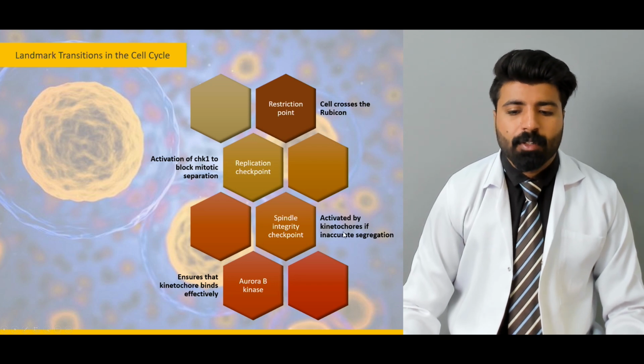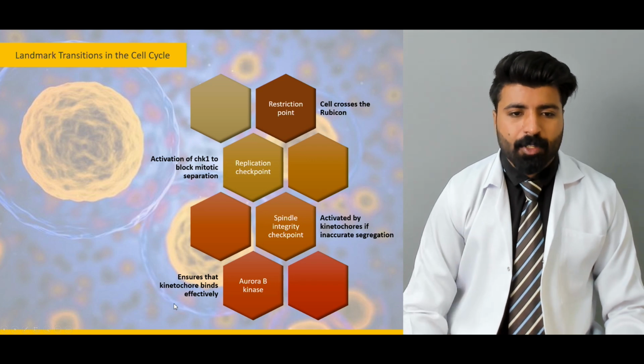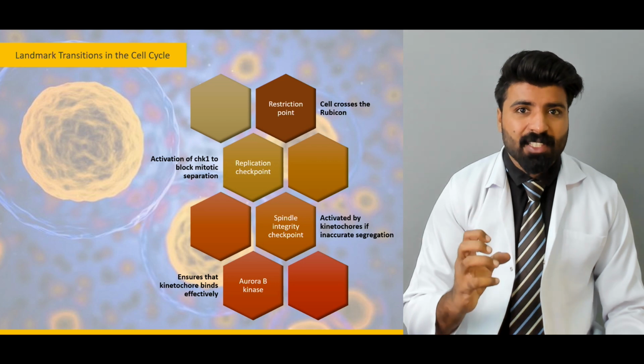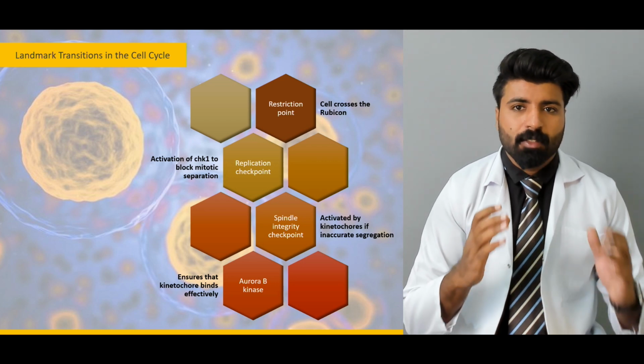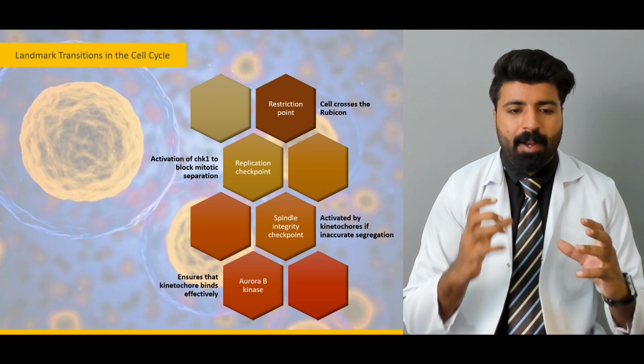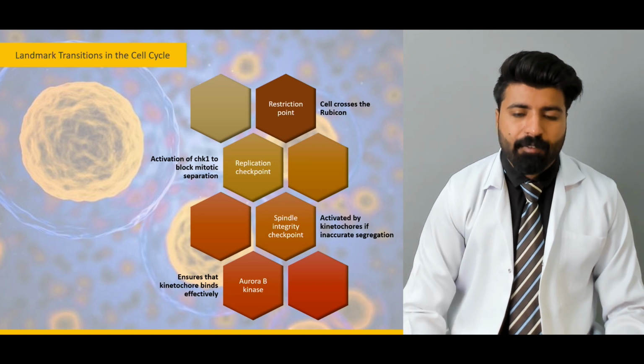Maybe the kinetochores at this stage are not binding properly, so Aurora B makes sure that it binds correctly. So these are the landmarks of the cell cycle which make sure that the new cell produced has the equal, same and normal amount of DNA which it was supposed to have.